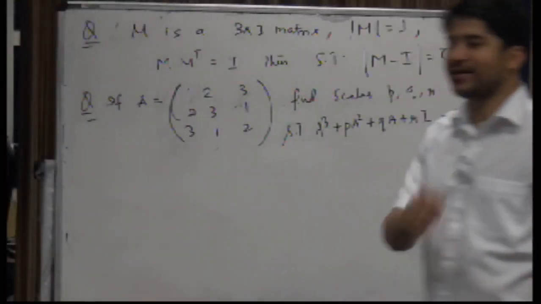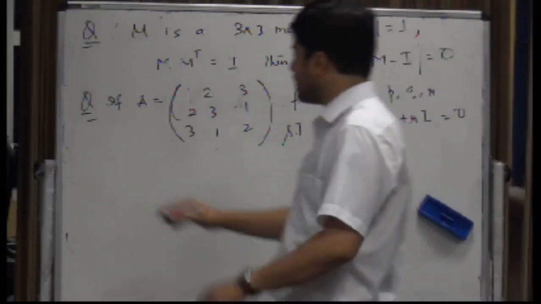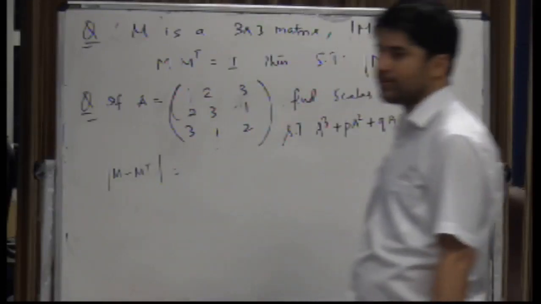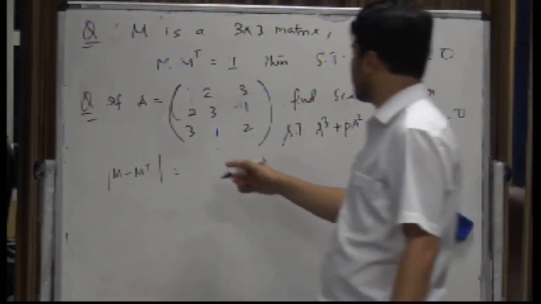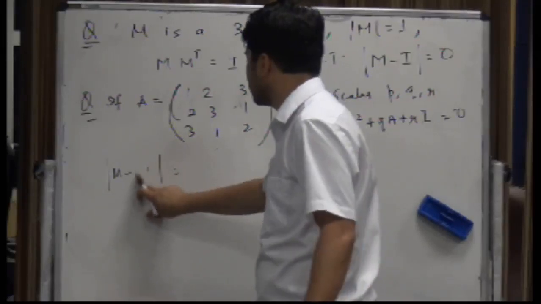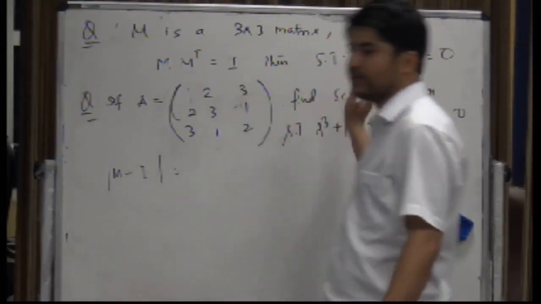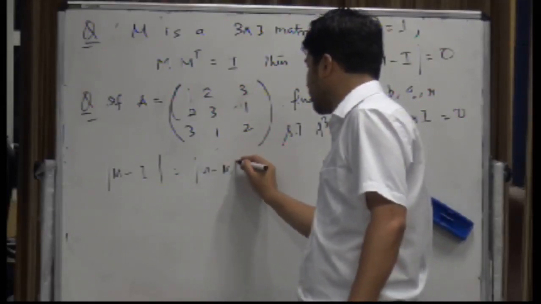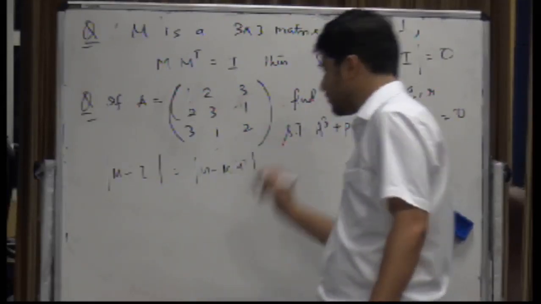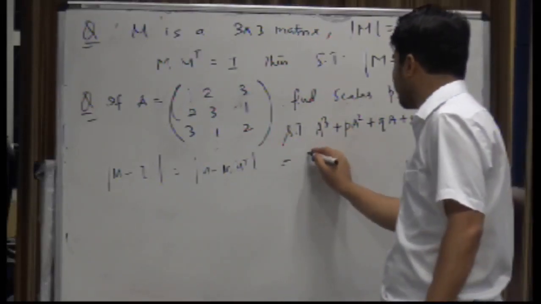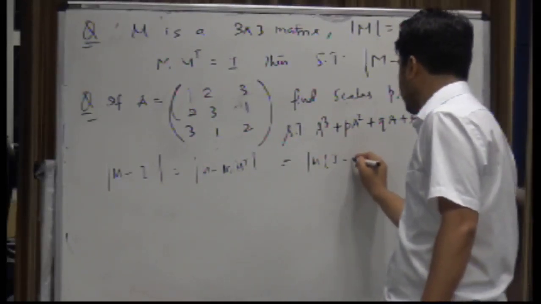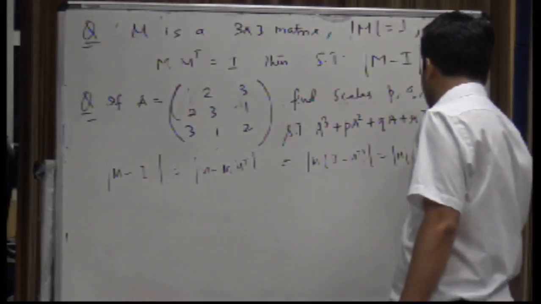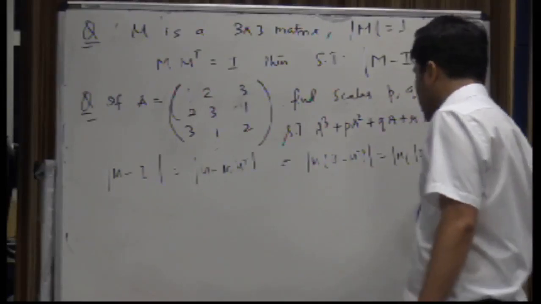We'll start with the right hand side, that is the first step. M minus M transpose, which is M minus I. We start with the right hand side, so I can be written as M into M transpose, which I can write... understood?